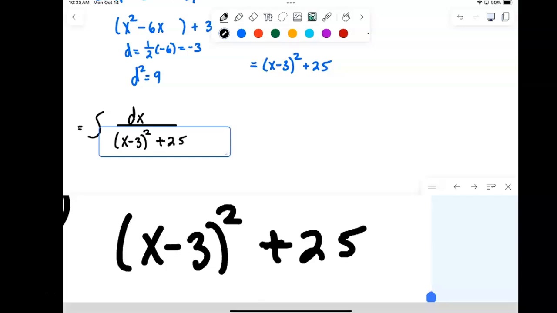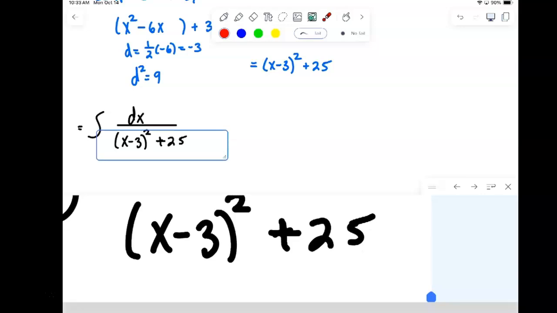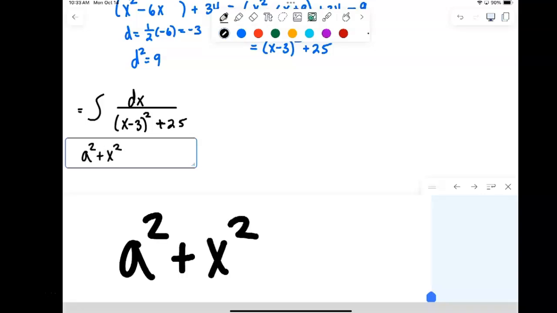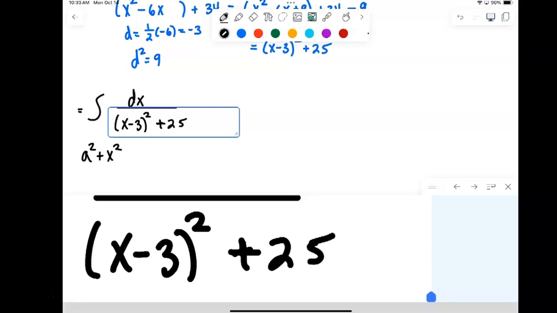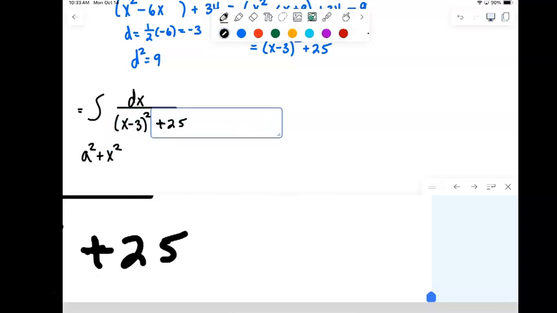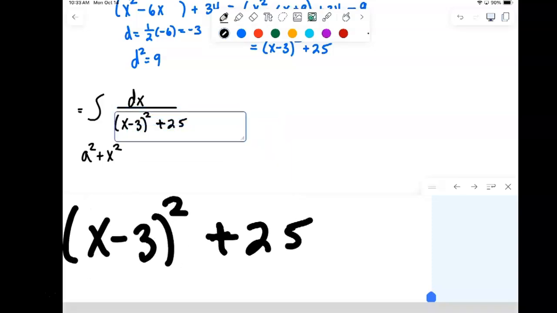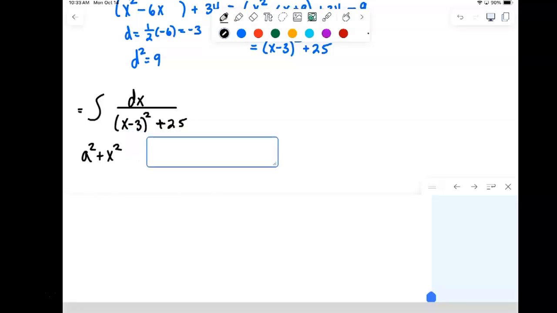And you're only dealing with a linear x variable instead of both an x squared and the 6x that we were dealing with before. And that means that we can actually recognize this as a squared plus x squared. We have a quantity, something squared, plus something else. And so that would make a be 5.